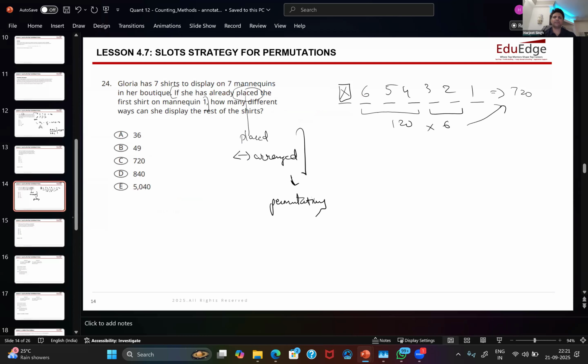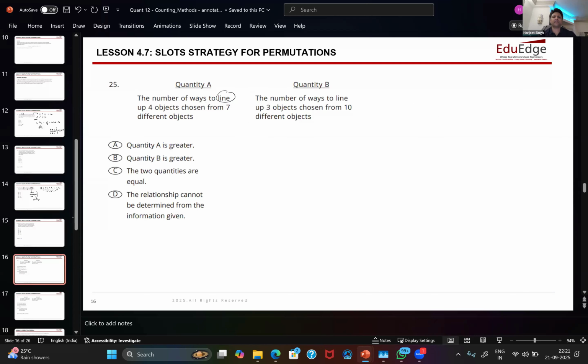So wherever you have placed, lined, arranged, all that is permutations. So A can be written as 4 out of 7, right? So 7P4. And what's B? 10P3. Again, line up.